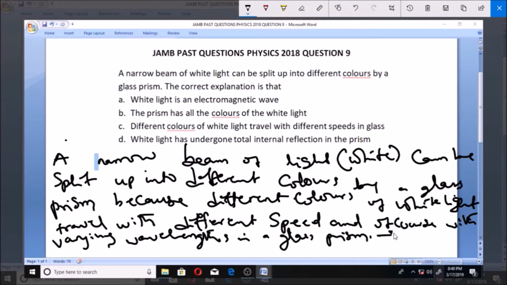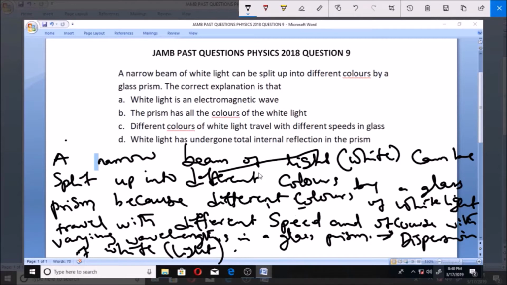This very thing I just explained is what we call dispersion of white light. So whenever you're asked what dispersion of white light is, it is what happens when a narrow beam of light is split up into different colors because of its passage through a glass prism.